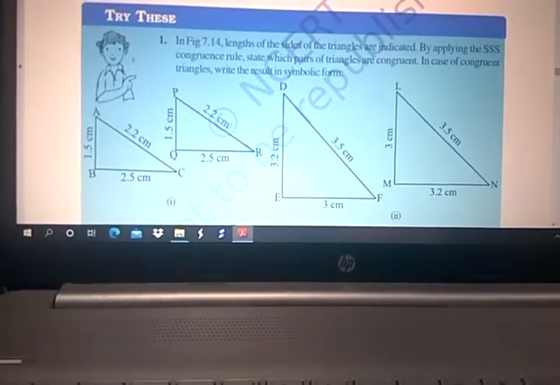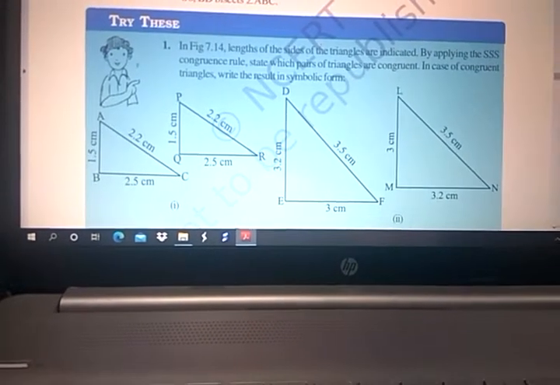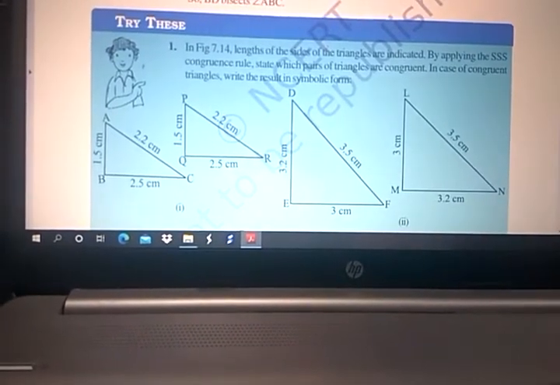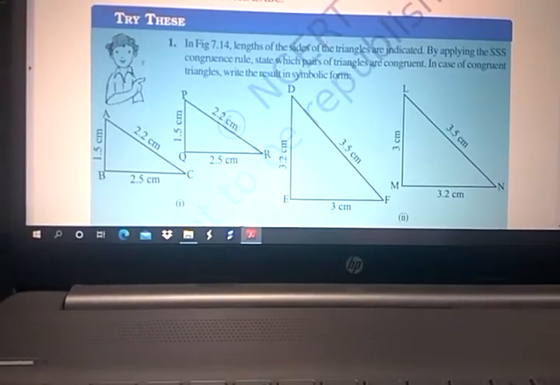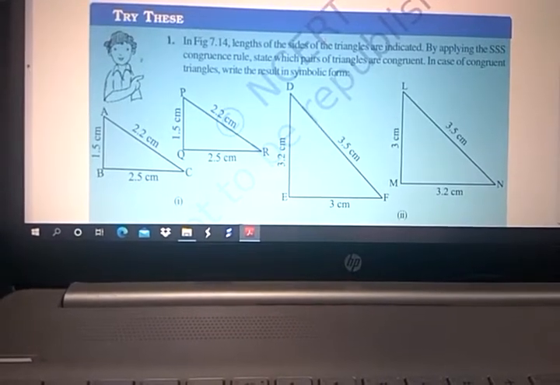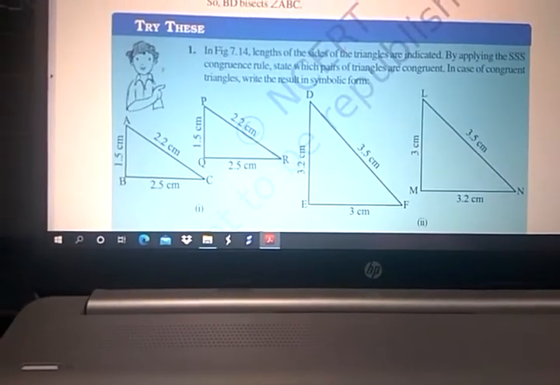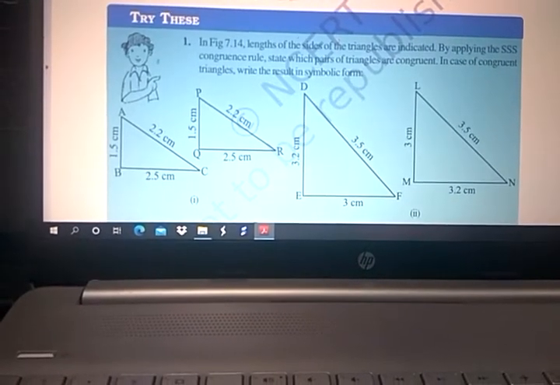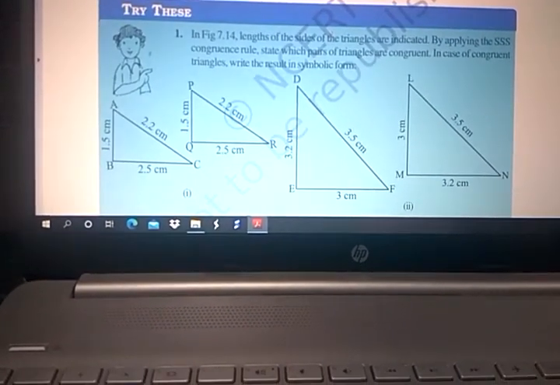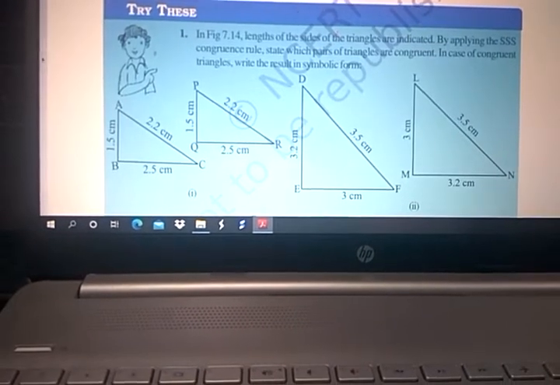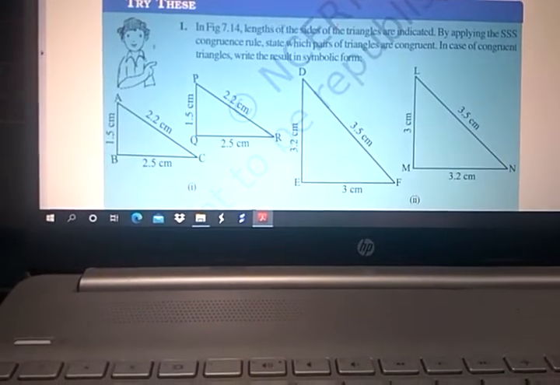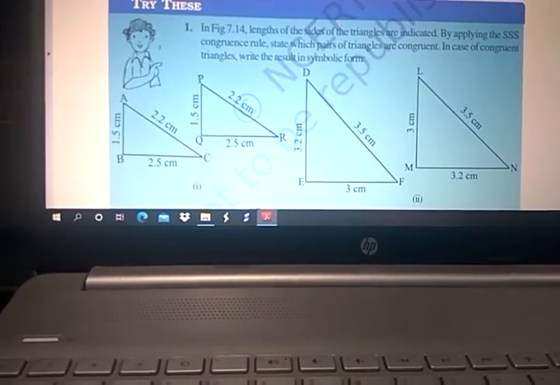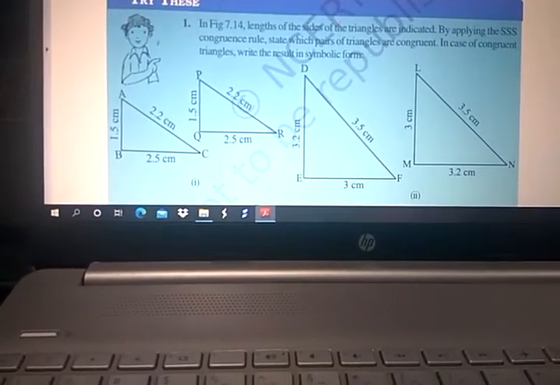In first one you see AB is equal to PQ, BC is equal to QR, and AC is equal to PR. Hence triangle ABC is congruent to triangle PQR. Hence A corresponds to P, B corresponds to Q, and C corresponds to R. So ABC means PQR, or you can say ACB, then PRQ, or you can say BCA, then QRP, like that.